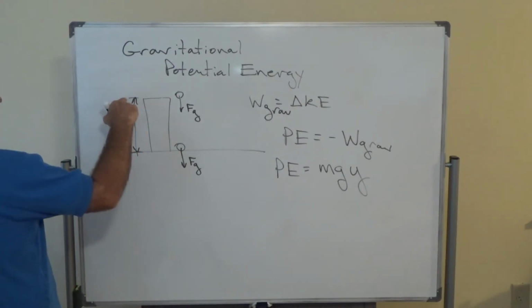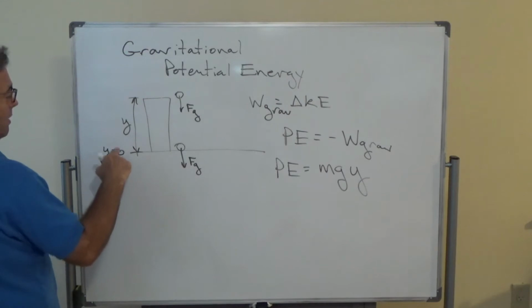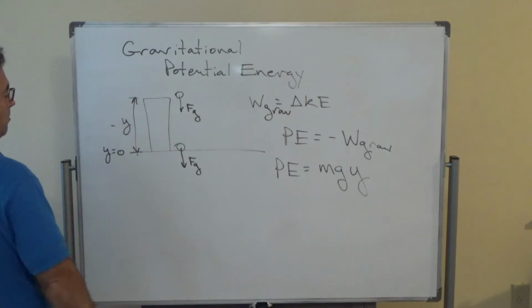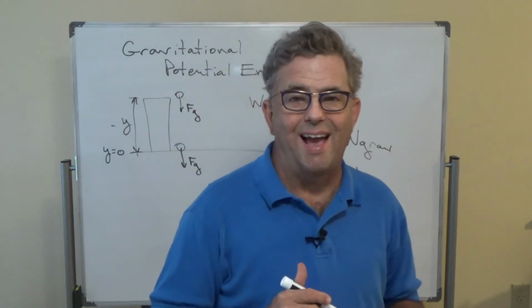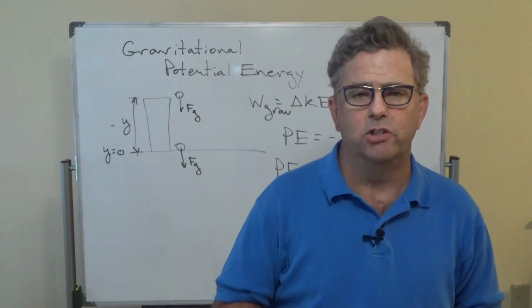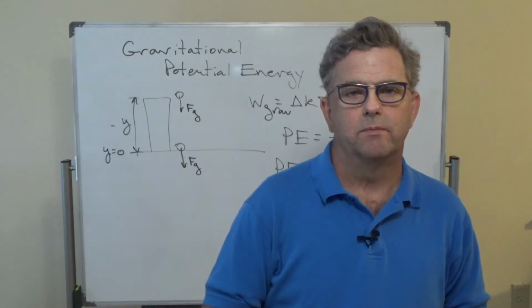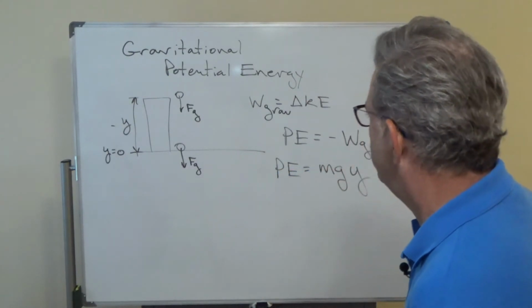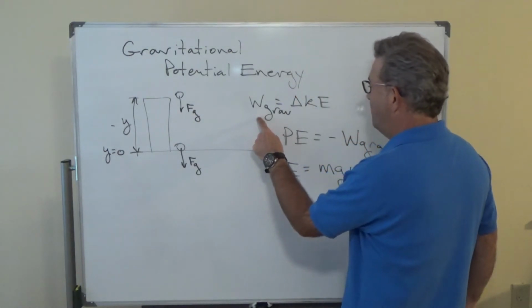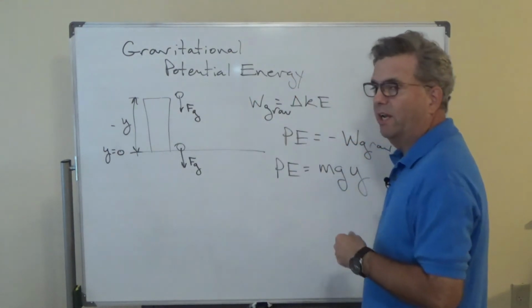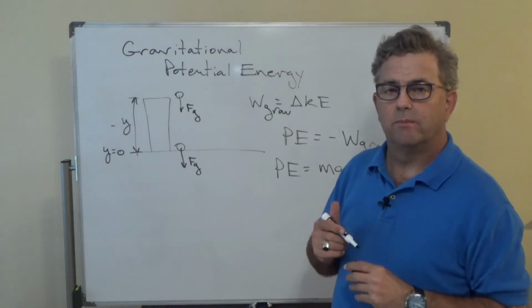I could choose y equals 0 here. I could choose y equals 0 right there. Because we're always looking at the change in potential energy. Okay? The change in potential energy. The work done by gravity is the negative of the change in potential energy.